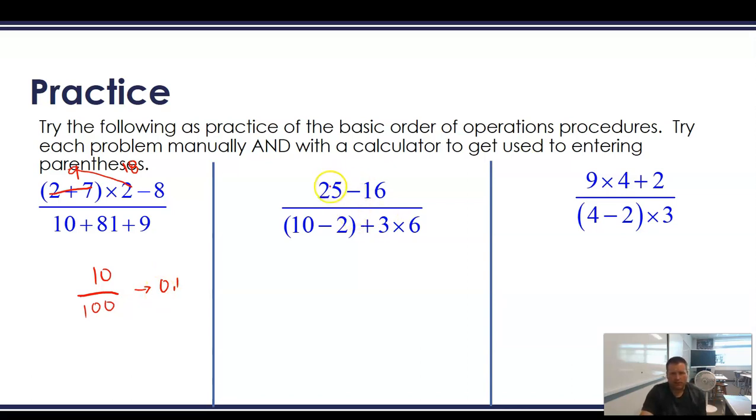Okay, the second one, let's do with a calculator. If I do a calculator, I have to add parentheses here, and then I have to add parentheses here, and then instead of putting this fraction, I'm going to put the divide. So I just go parentheses 25 minus 16, end parentheses, then divide, parentheses. I know you gotta have 2 of them there, guys. You have to have 2 of them here because this one separates the fraction grouping from the other.